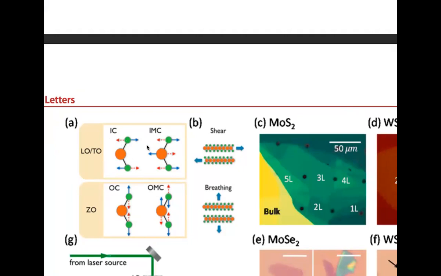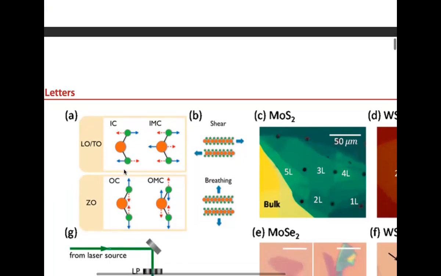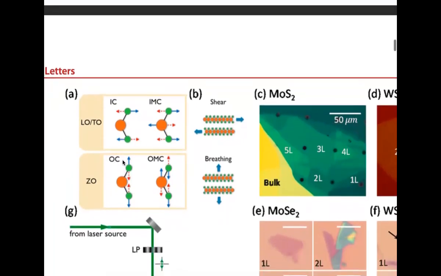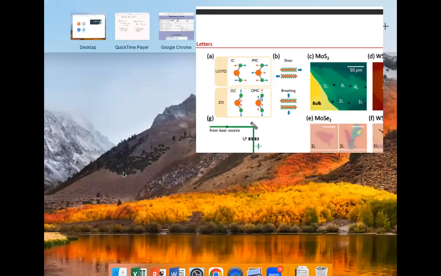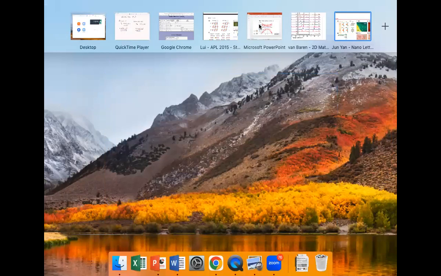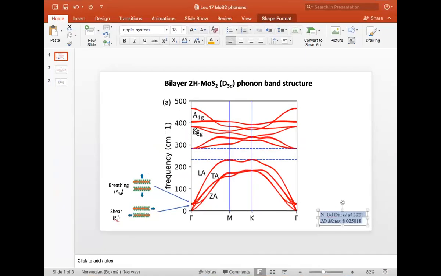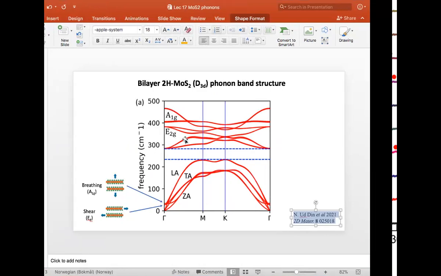Then you have OC. O means out of plane, C means the chalcogen atom. OMC means both the metal and chalcogen atoms are moving out of plane. These are the four phonon modes that you see here: 1, 2, 3, 4.